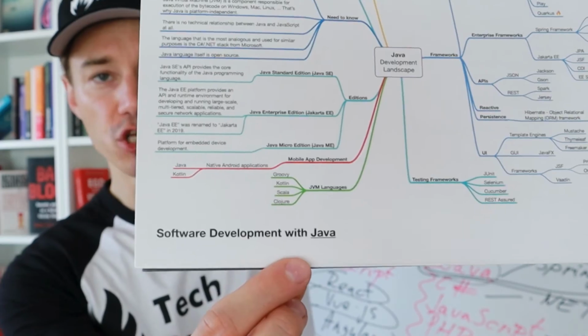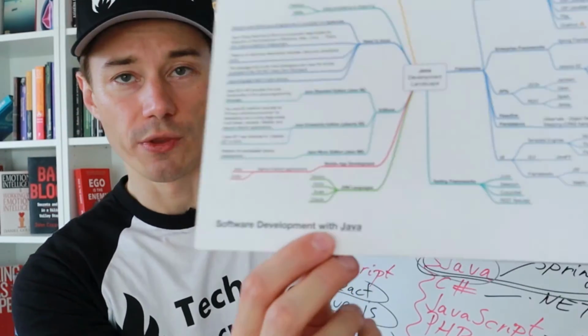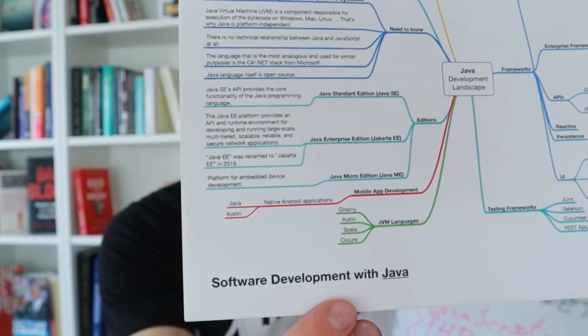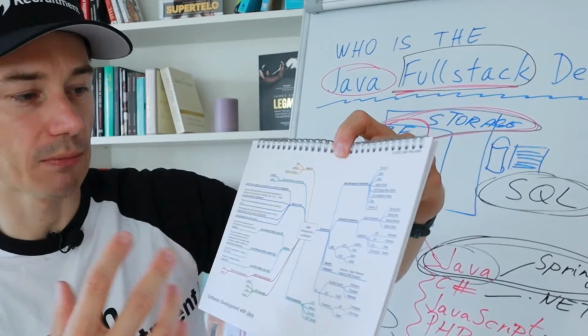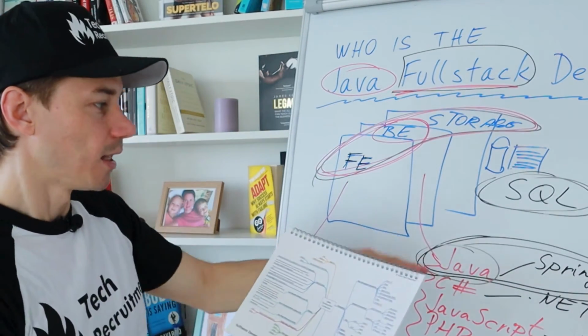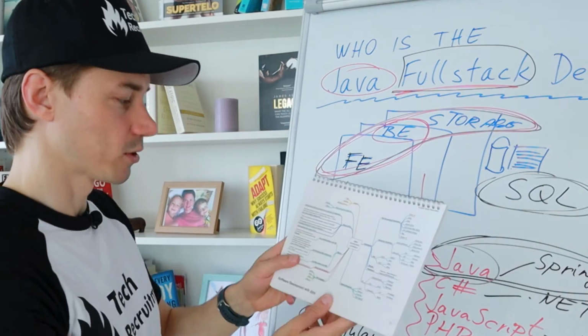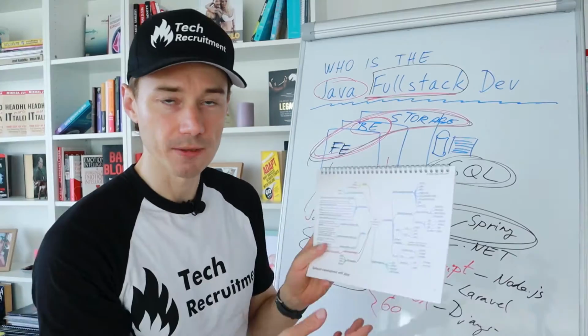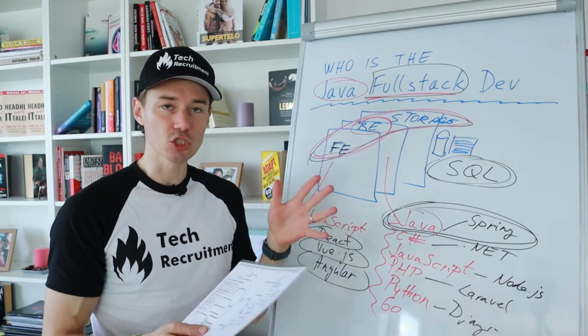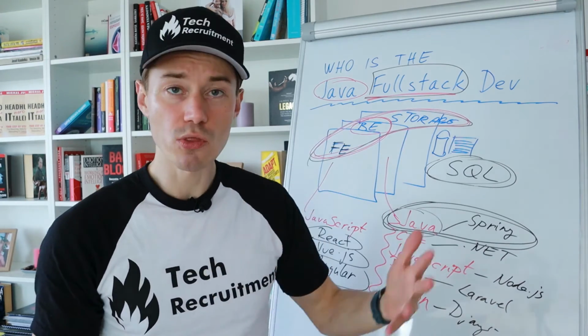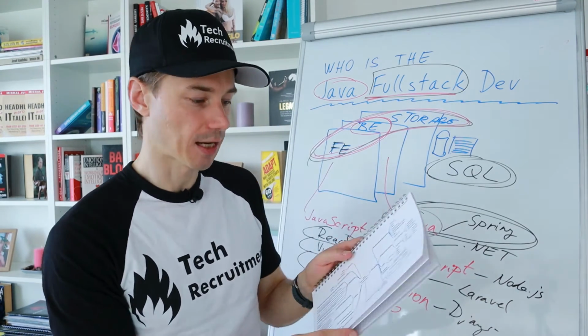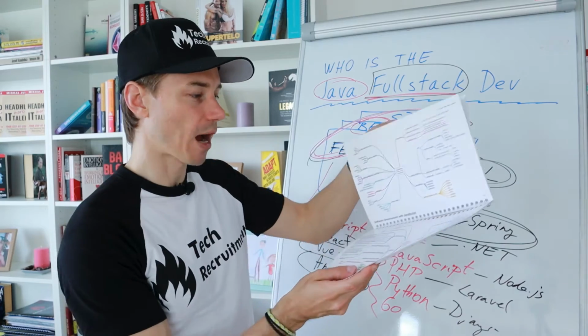Here, software development with Java. And there is the whole mind map that focuses on all these languages, frameworks and tools these developers use. It's priceless. So many recruiters from around the world have already purchased these colorful and beautiful mind maps.